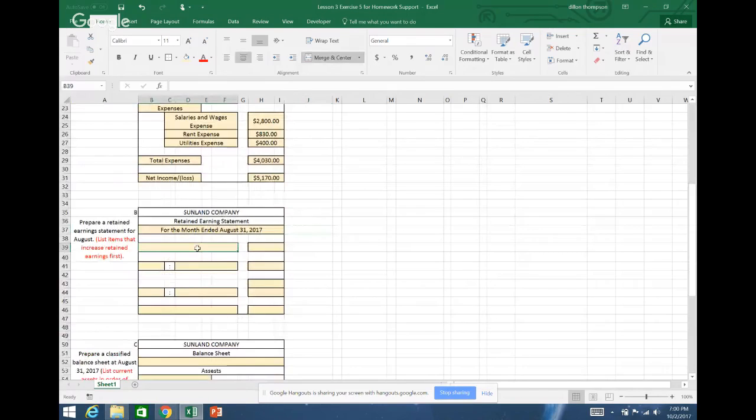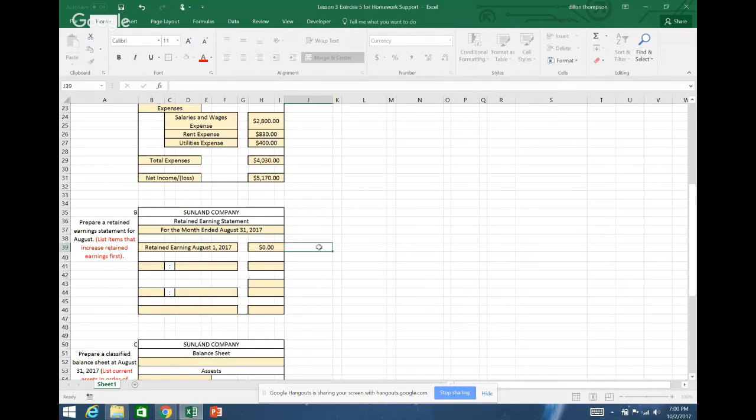And retained earnings, the first portion that we fill out besides the date in this statement would be retained earnings August 1st, 2017. And that is $0.